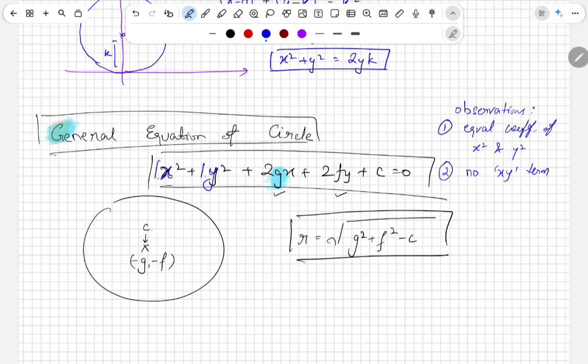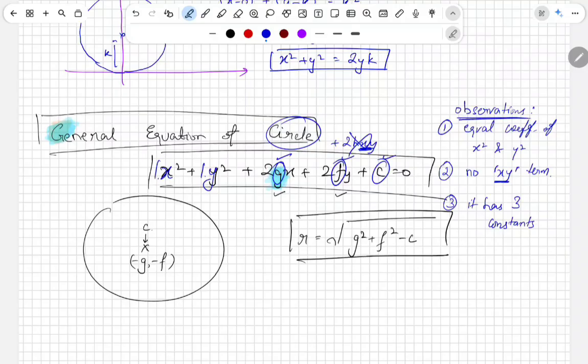As you can observe, xy is absent in this equation, so the circle's equation will not contain the xy term. And third important point is that it has three constants: first constant g, second constant f, third constant c. These three constants will be present in the general equation of my circle. Let's move forward.